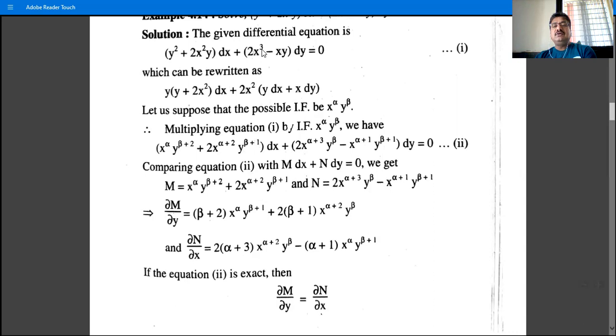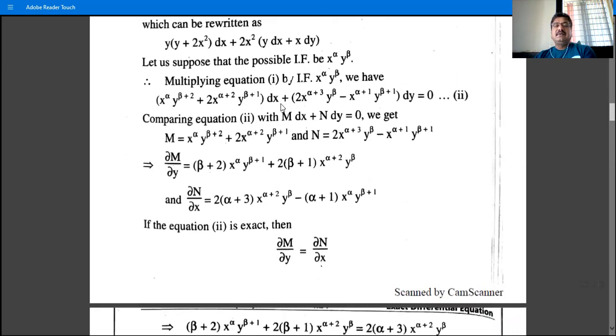Then 2x^3 into x^alpha is 2x^(alpha plus 3) y^beta, and then x y into x^alpha y^beta is x^(alpha plus 1) y^(beta plus 1) dy, is equal to 0. Now compare this equation with M dx plus N dy is equal to 0.